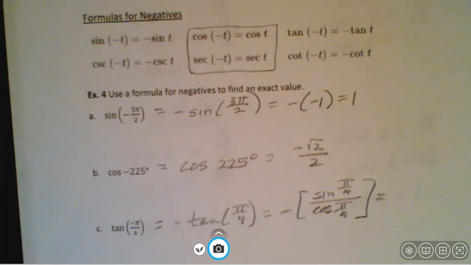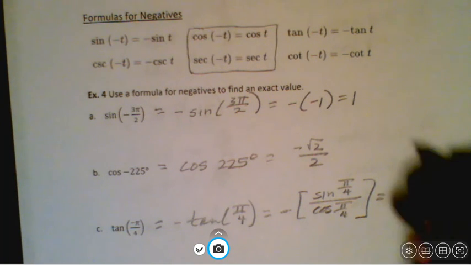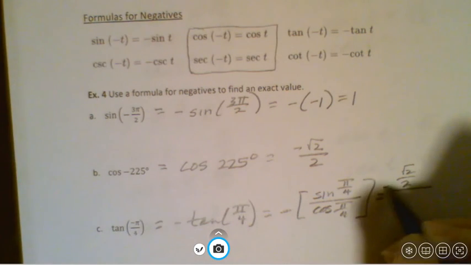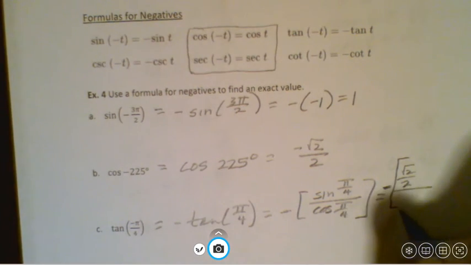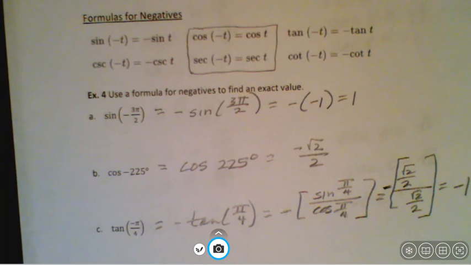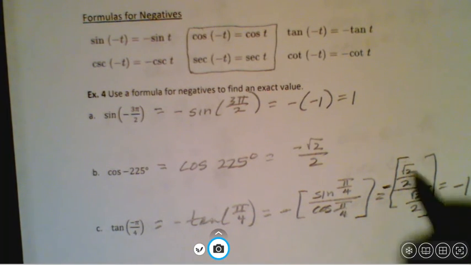So what is the sine of pi over 4? Well, it's the square root of 2 over 2, isn't it? And don't forget our negative on the outside here. And our cosine is also negative square root of 2 over 2. So we just get -1 for that tan. This would be 1 in the negative.